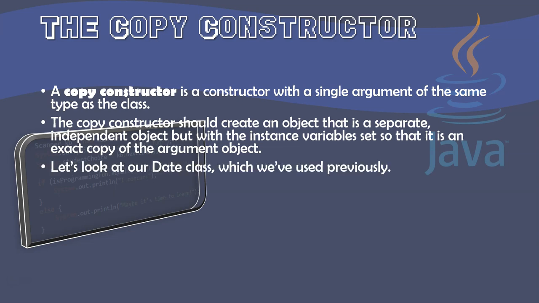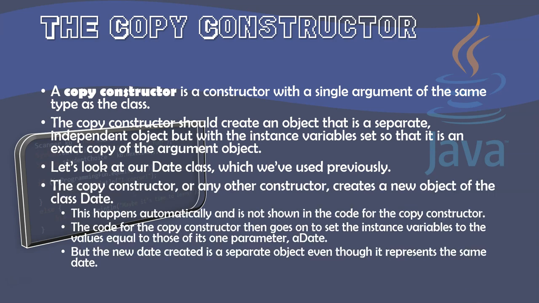For this, we're going to start by taking a look at the Date class, which we've used previously. In the Date class, there is a copy constructor, and what it does is create a new object of the class Date. This happens automatically and is not shown in the code for that copy constructor.